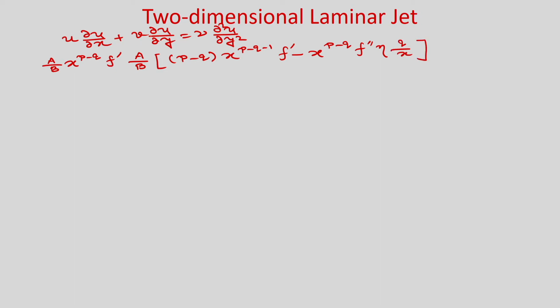Then we have v as a p x to the power p minus 1 f minus a x to the power p f prime eta q by x. Then we have del u by del y. So, it will be a by b square x to the power p minus twice q f double prime, and right hand side we have del 2 u by del y square.